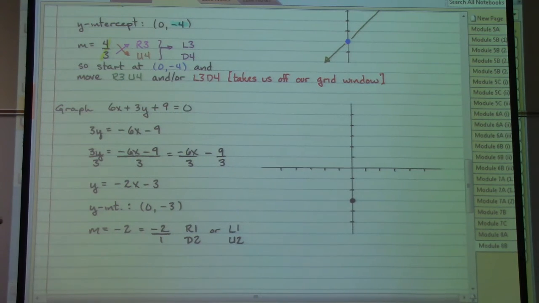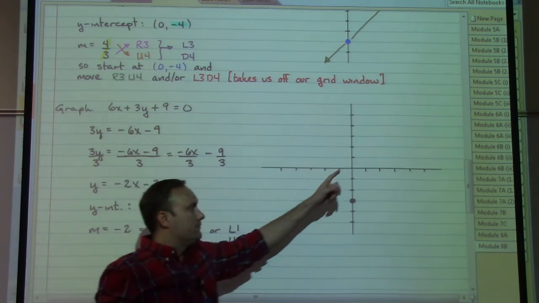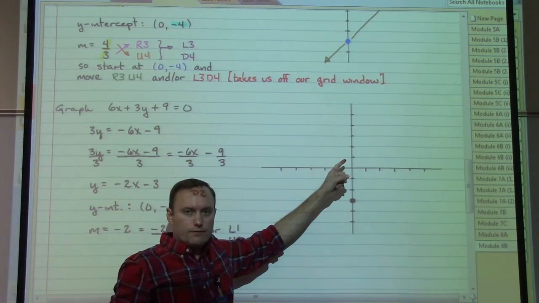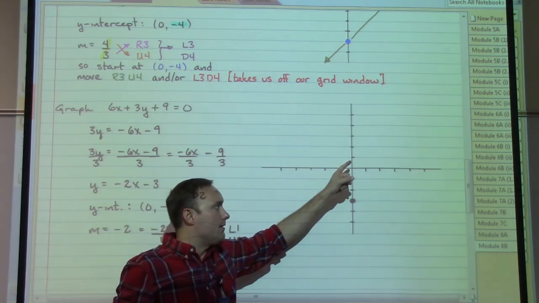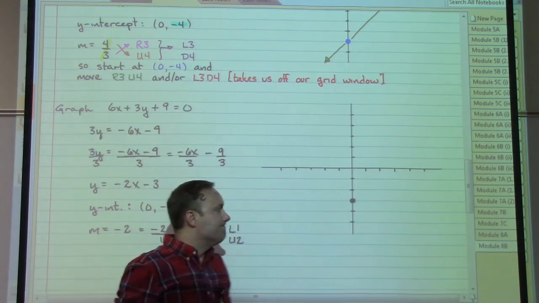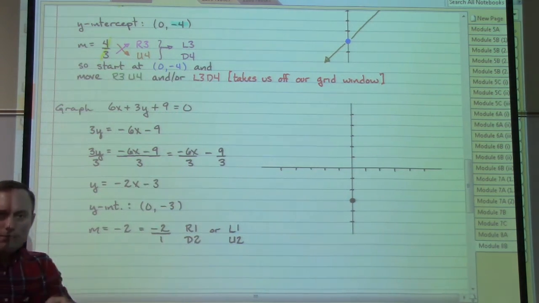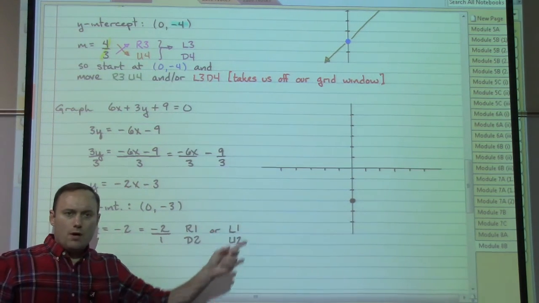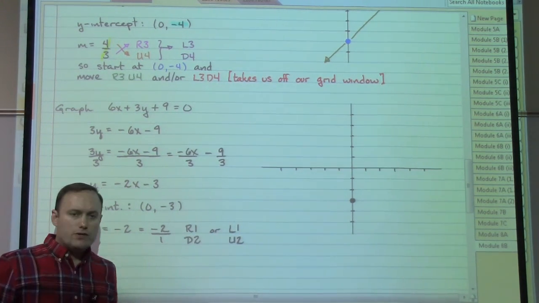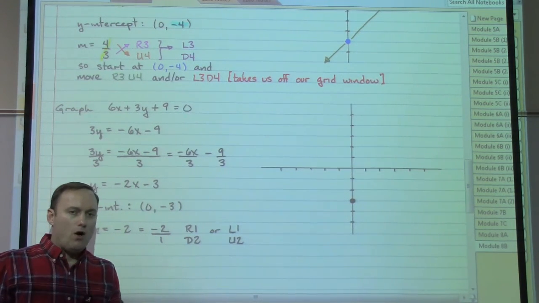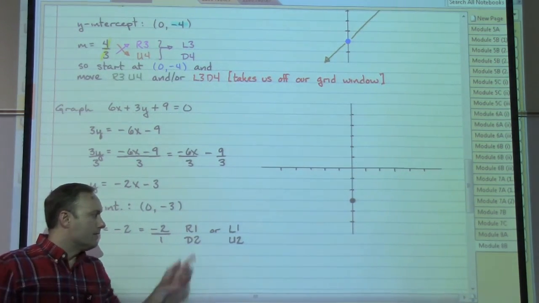So from that origin, from the middle of our grid, don't move to the left or right because the first number is a 0 in that pair. Move down 3 because the second number is negative 3. Now that I'm locked into that particular location, I can try to use one or both sets of directions in order to come up with other points that would be on the line that I want to draw in.